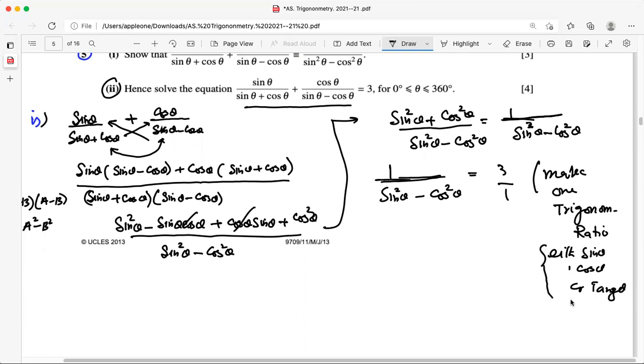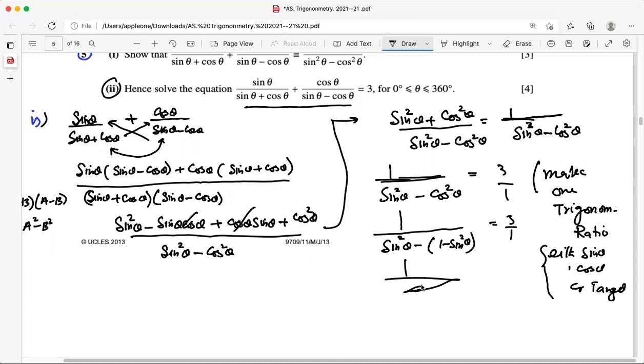Make one of them here, not two. So let's do it. See students, I want to remove cos from here. So sine square minus 1 minus sine square, which is equal to 3 over 1.